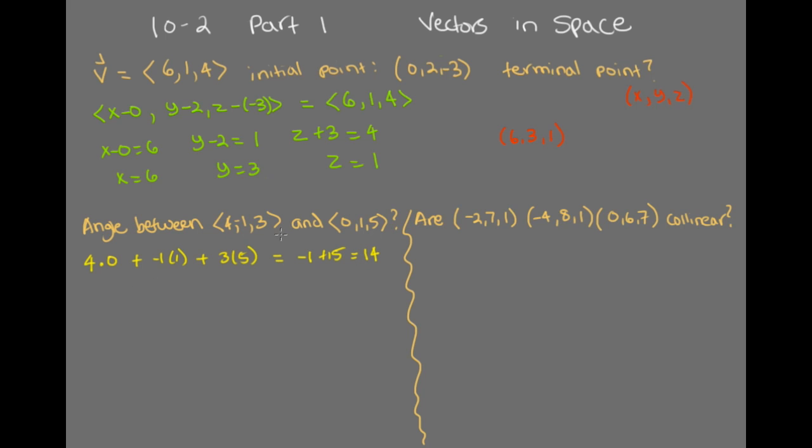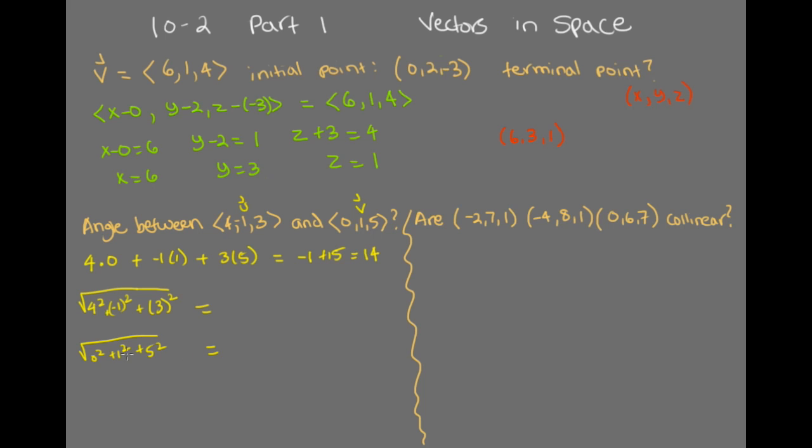Okay, so now we want to find the magnitudes of, let's assume this is vector u, this is vector v. The magnitude of u is going to be the square root of 4 squared plus negative 1 squared plus 3 squared, and the magnitude of vector v is going to be the square root of 0 squared plus 1 squared plus 5 squared.